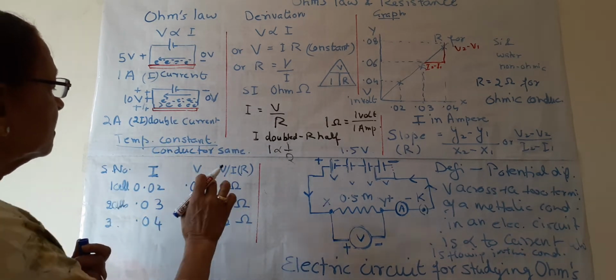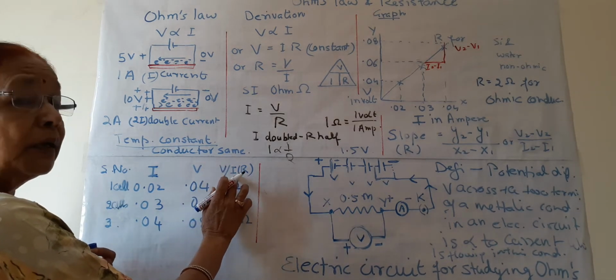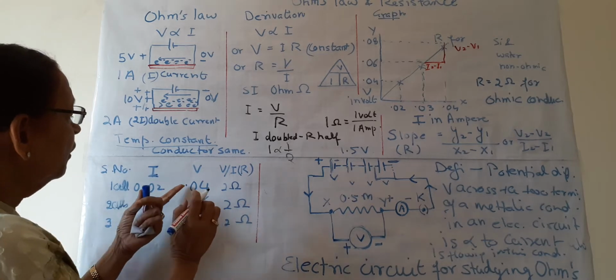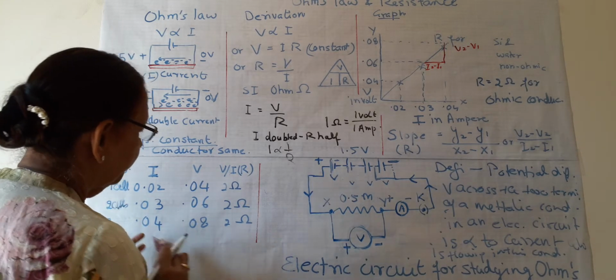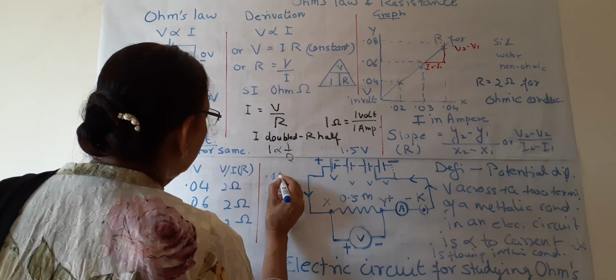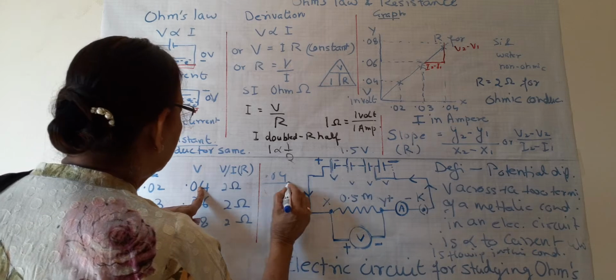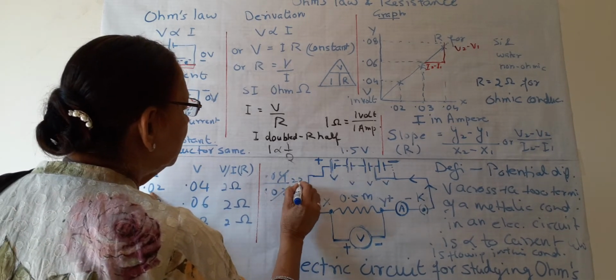Now these are three readings suppose taken from this experiment. What do we do next? We calculate the ratio of V by I. So what will be the ratio? 0.04 V divided by I, 0.02. What will it give?